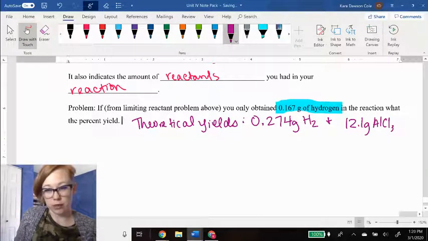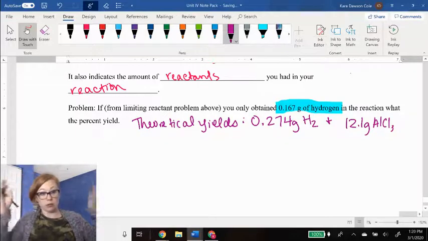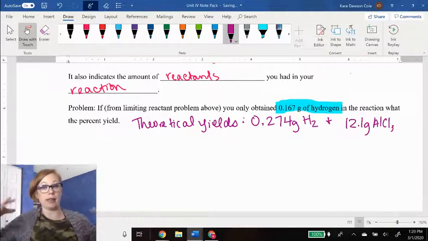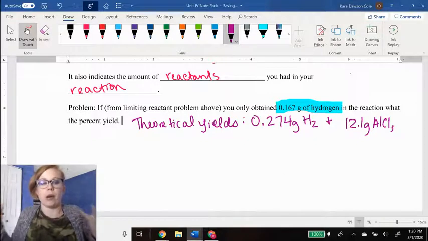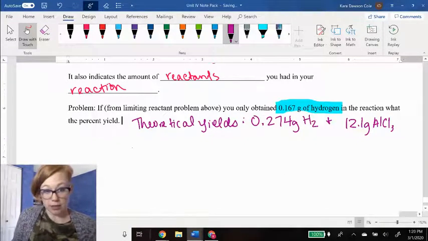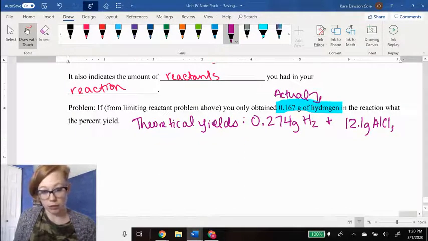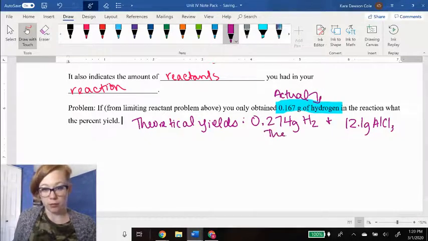Now, I don't really need this, but I just want you to understand, if I get to a mass of a product, that is my theoretical yield of that product. Okay, so all I'm doing is taking my actual yield. So this is my actual yield of hydrogen. So I'm looking at hydrogen. And then this is my theoretical.